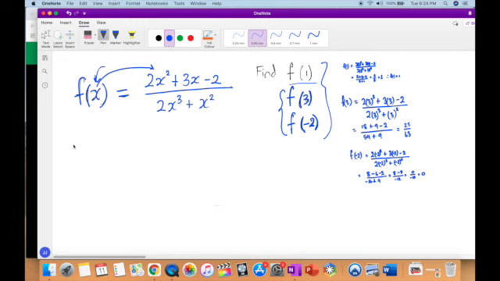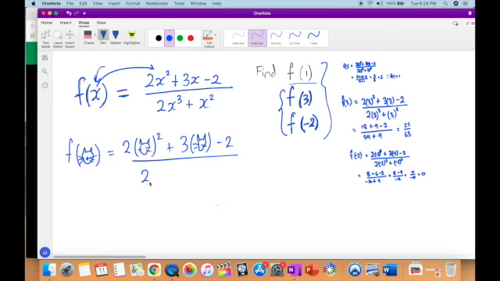So if I say the f of Kitty, no matter what it is I put in there, I just replace an x with whatever it is in here. So I will have 2 times Kitty squared plus 3 times Kitty minus 2.